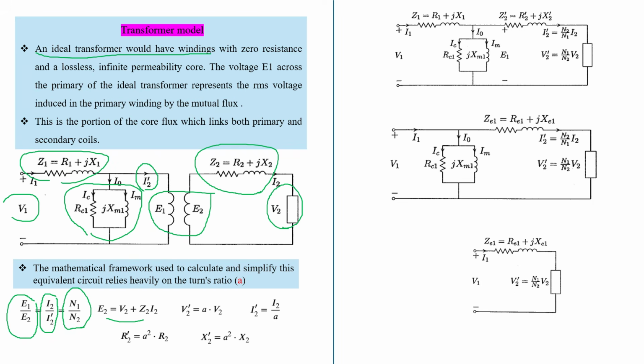Again, the magnitude of the current referred from secondary to primary can be obtained by using this relation.